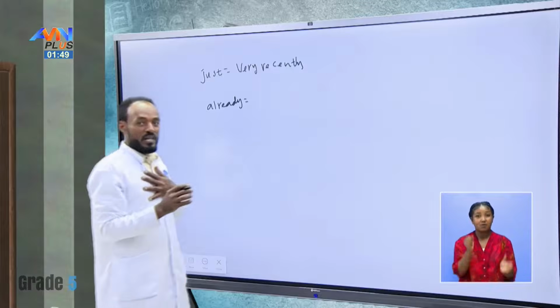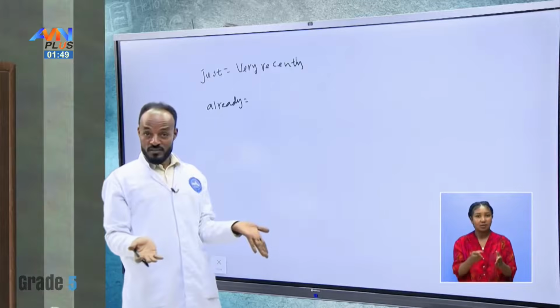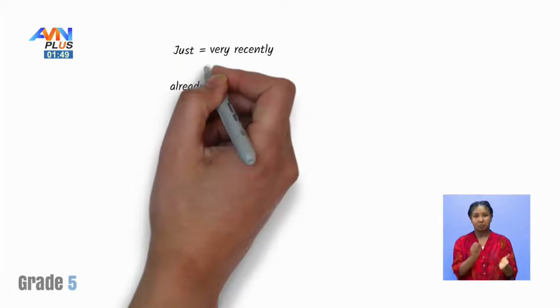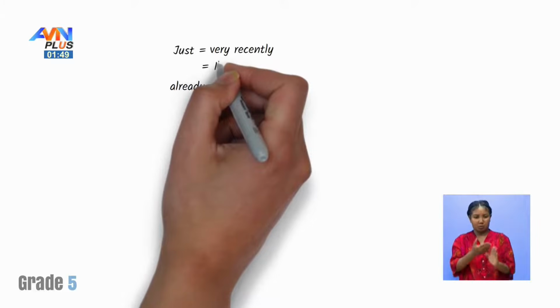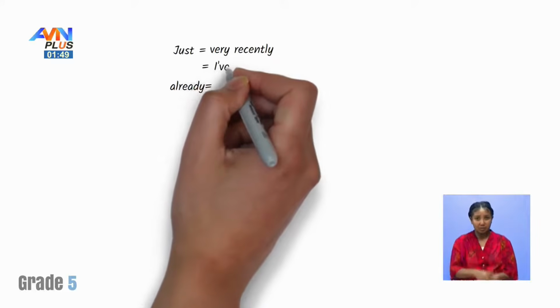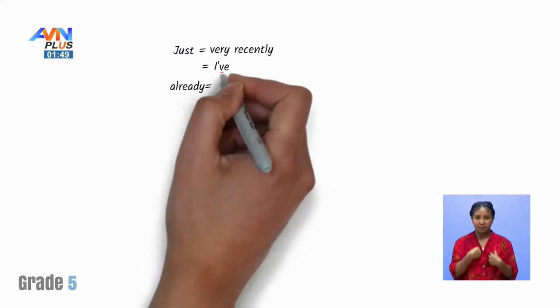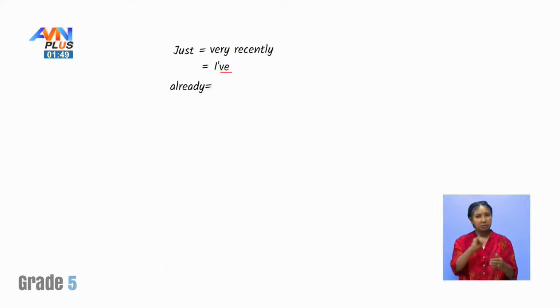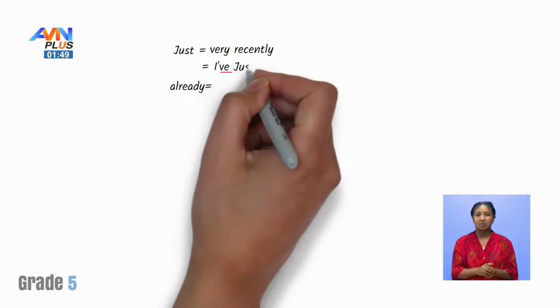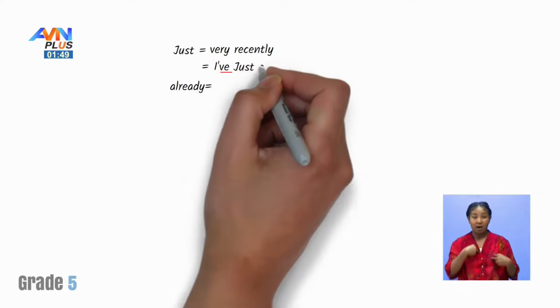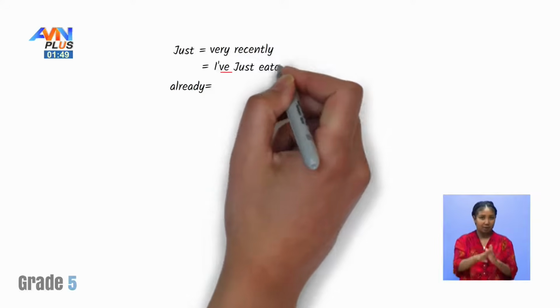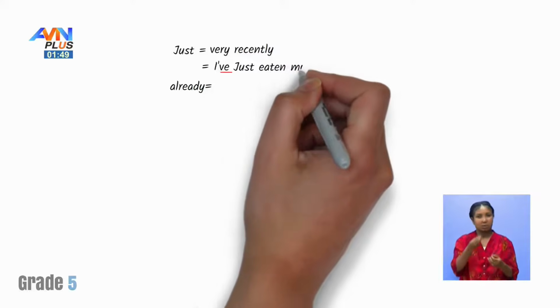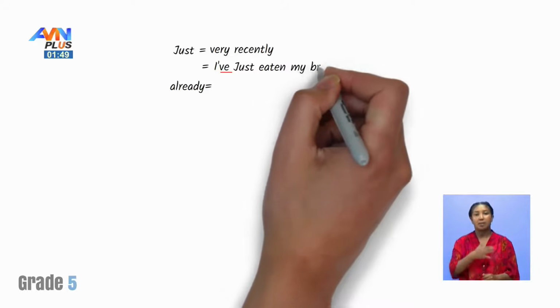For example, if you have had your breakfast maybe a few minutes ago, you can say what? I've just... here. It goes between have and verb 3. I have just eaten. I have just eaten my breakfast.